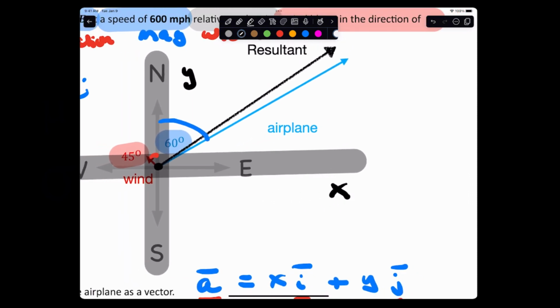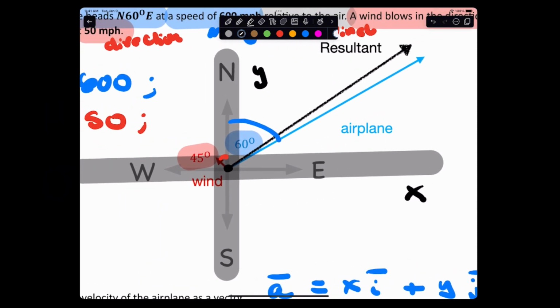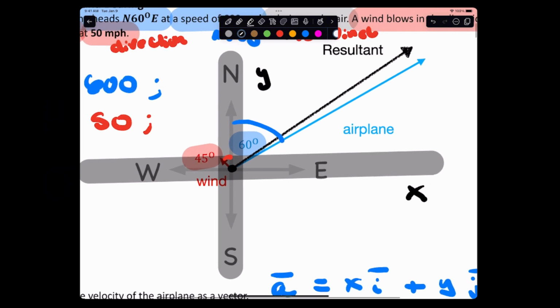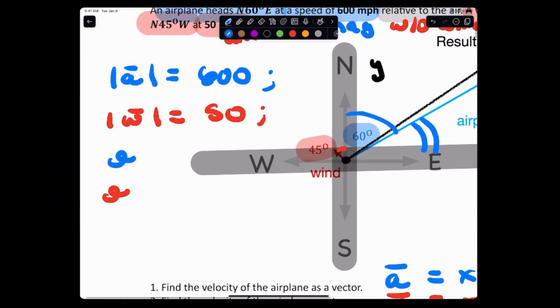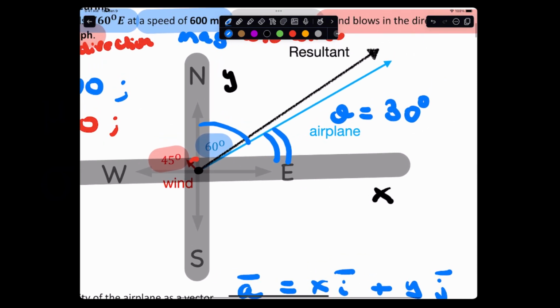Rotated counterclockwise. What's that positive angle? It's not 60, is it? Isn't it right here? Can you tell me what that angle is for the airplane? Is that 30 degrees? So this is 30 degrees, and that's for the airplane.